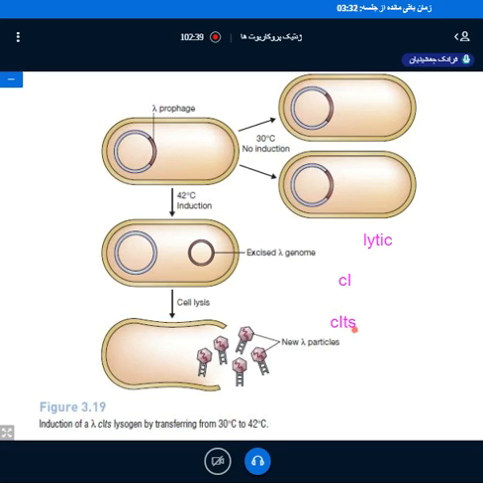It means it is temperature sensitive. At 30 degrees, it works properly and it goes to the lysogenic process. But if we increase the temperature to 42 degrees, this gene doesn't work properly, so it goes to the lytic process. Understand?